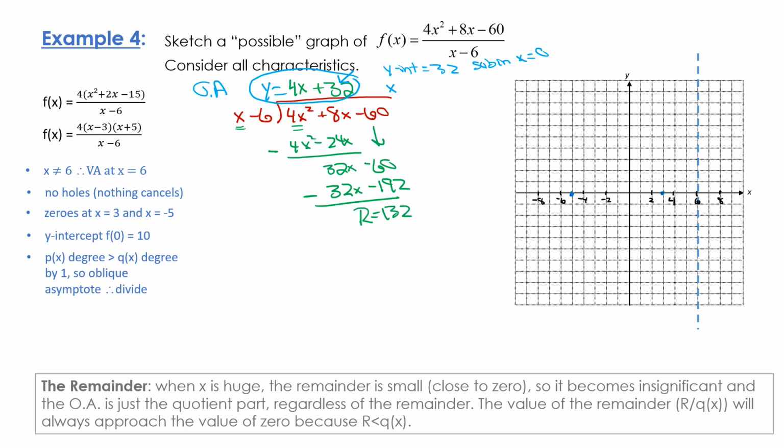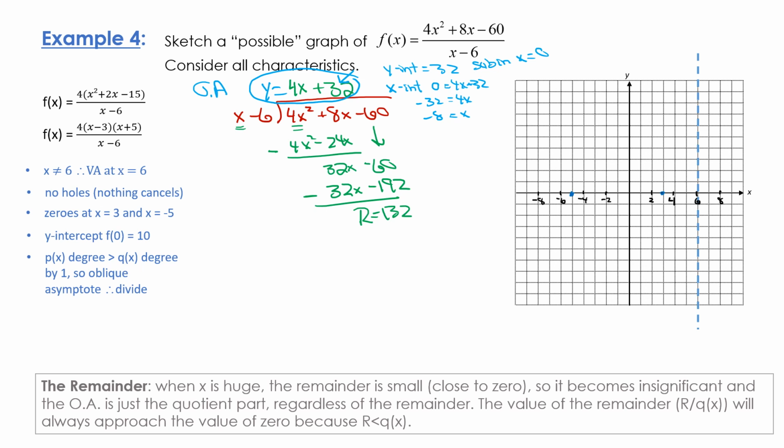To get the x-intercept, I'm going to do the opposite. I'm going to sub in y equals 0. So I put a 0 here, equals 4x plus 32. Bring the 32 over, and we get -8. There's our x-intercept, -8.